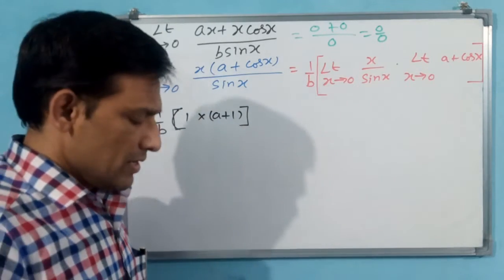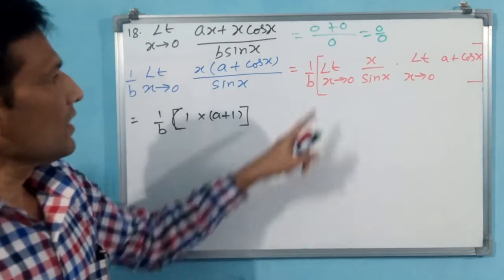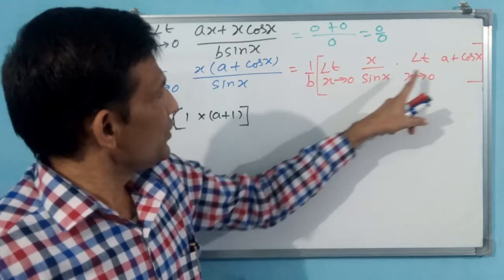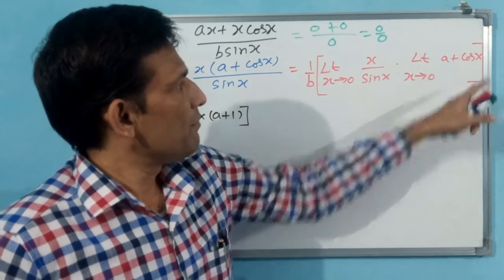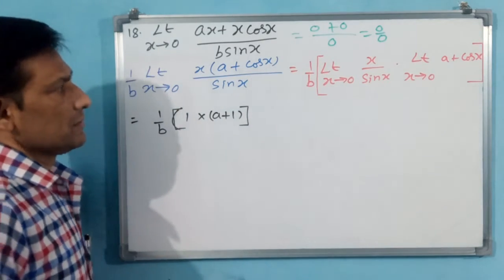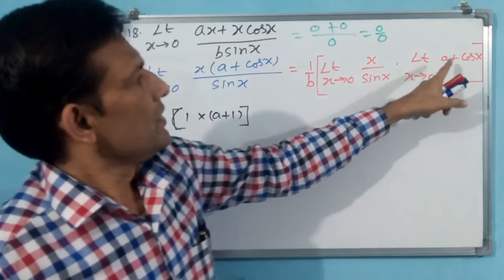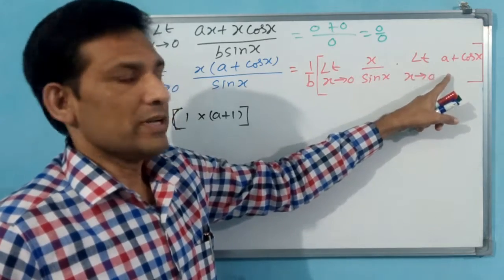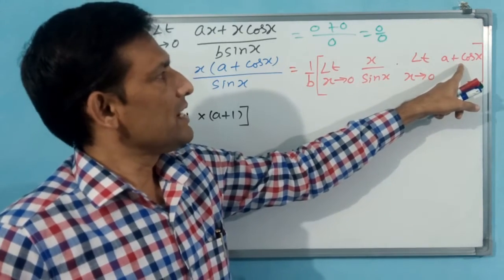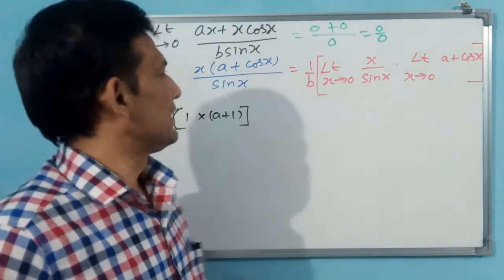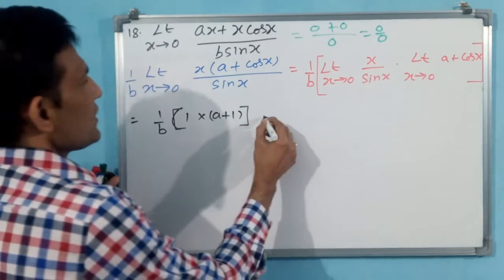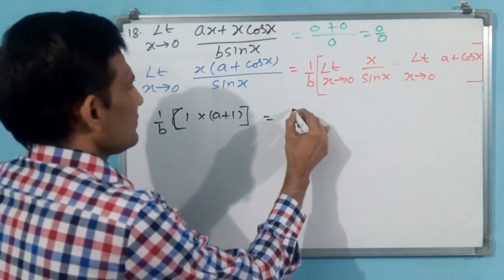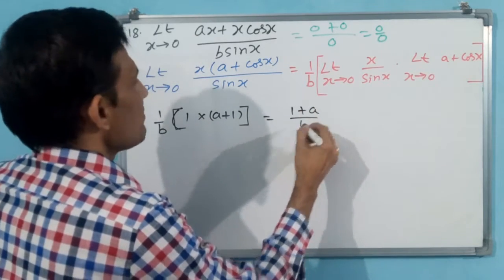Why? Because limit a you have to take separately. A is 1 only, 1 plus, again limit x tends to 0 is 1. A plus 1. Now you send b also inside. 1 into a plus 1 is a plus 1 only. 1 plus a you can write, 1 plus a by b. Is it okay?